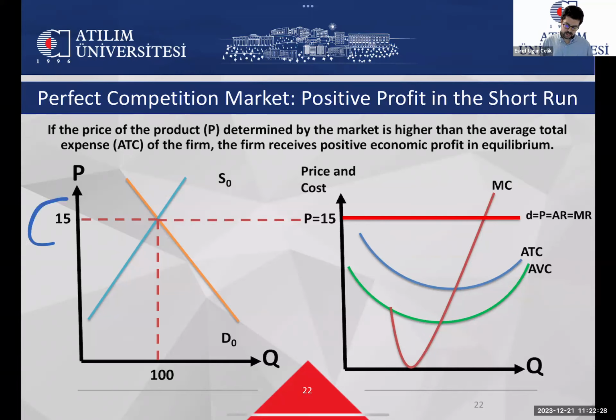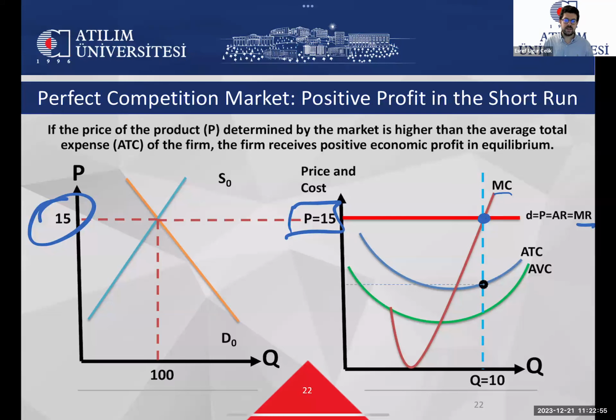The market says the price is 15. How can we solve it? This is not a question. I'm just going to show the steps. I already showed the question type. First, find the intersection point of marginal cost and marginal revenue. Then draw the direct line. The bottom part shows the quantity.